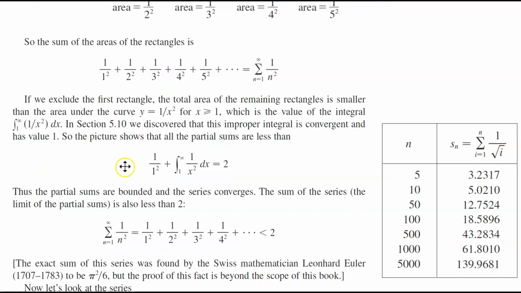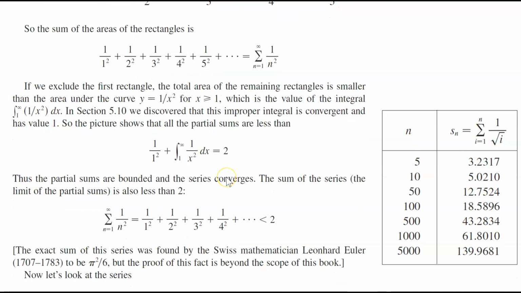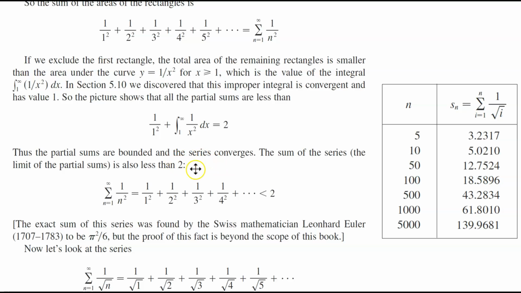So the picture shows that all the partial sums are less than 1 over 1 squared plus the integral from 1 to infinity of 1 over x squared dx, which is equal to 2. Thus, the partial sums are bounded and the series converges. The sum of the series, the limit of the partial sums, is also less than 2.